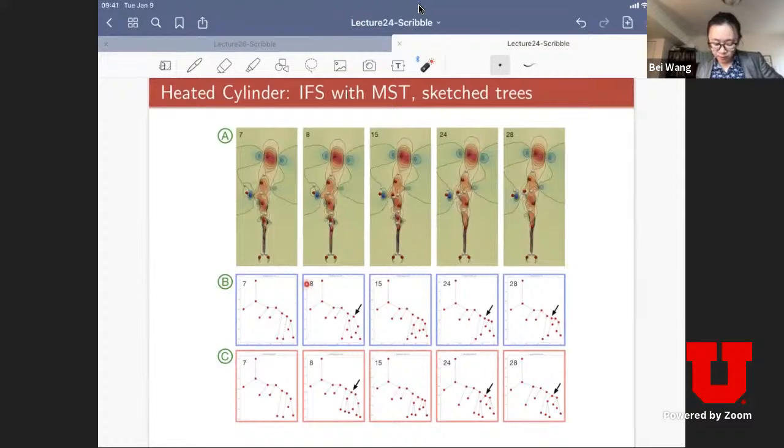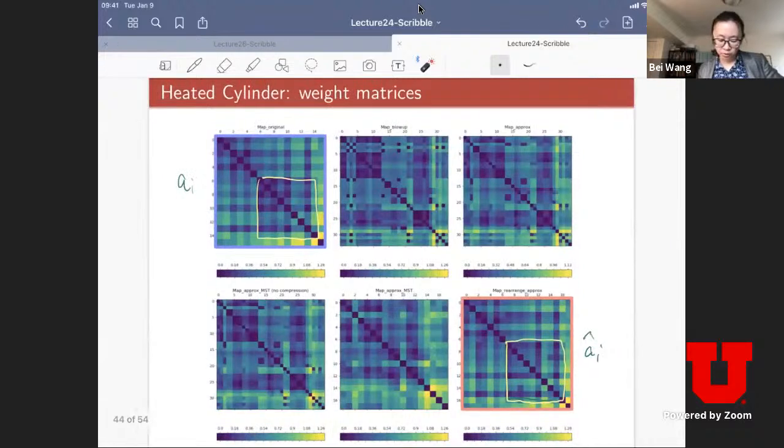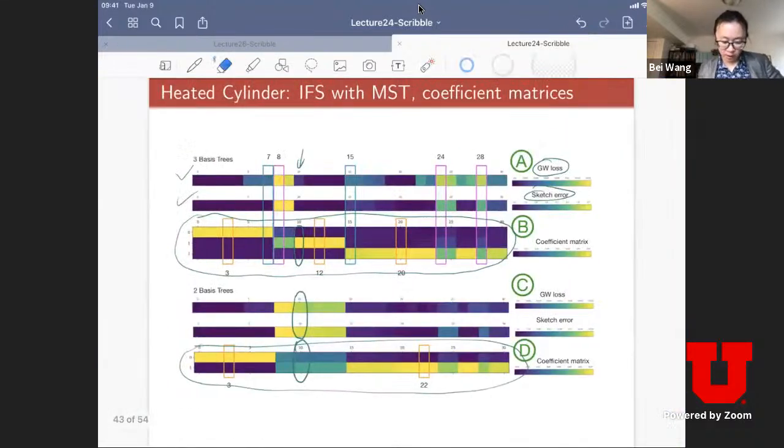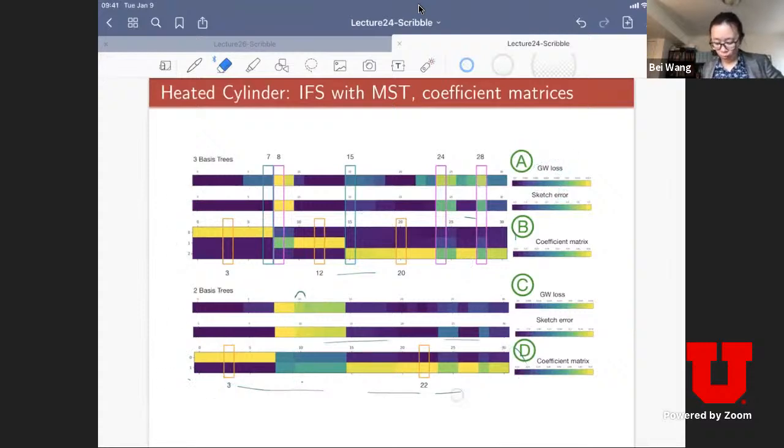But now if you notice tree 8 and tree 24, go back to this picture here. If you look at this picture, just look at the top one, where the orange columns are the ones corresponding to my basis trees.